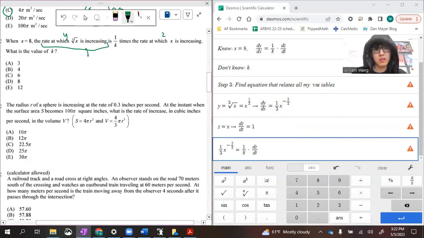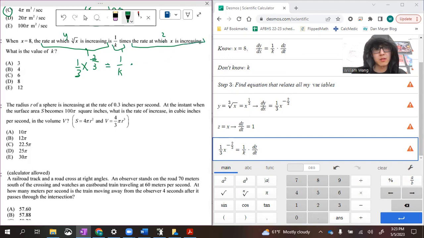The rate at which the cube root of x is increasing is 1 over 3 x to the negative 2 over 3, which is equal to 1 over k times the rate at which x is increasing.